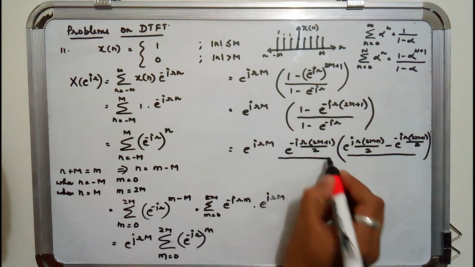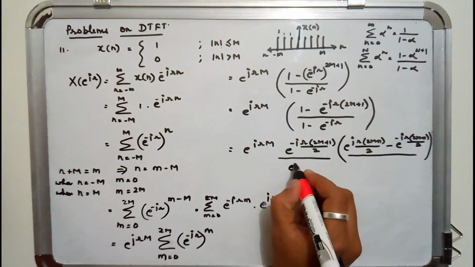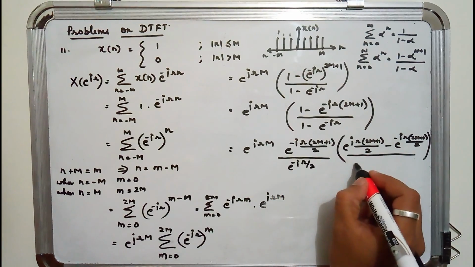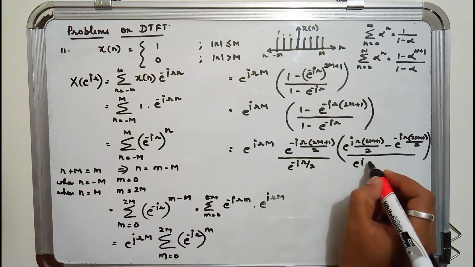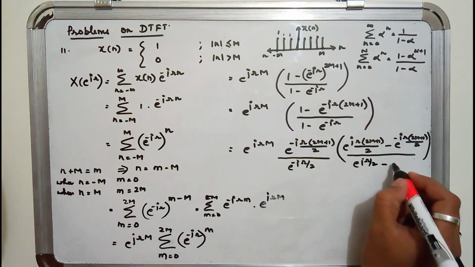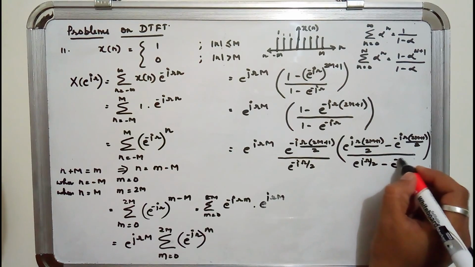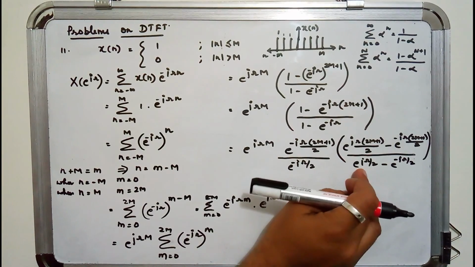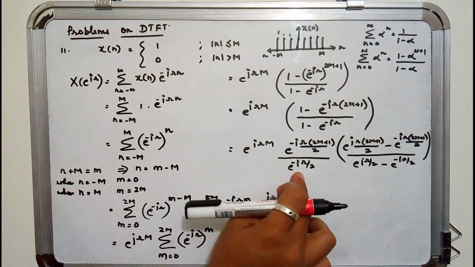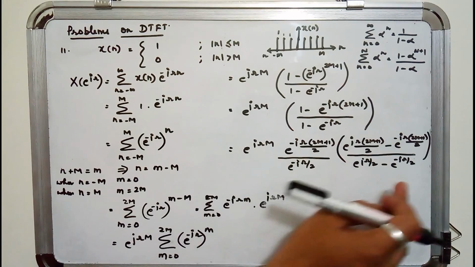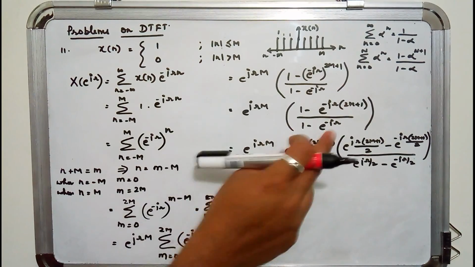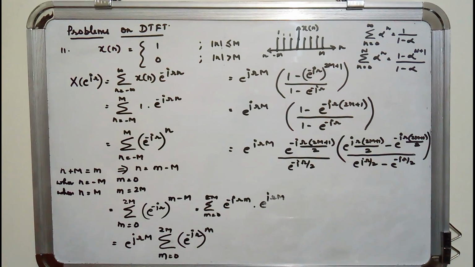Now if I take e power minus j omega by 2 out of the denominator, what I will be getting here is e power j omega by 2 minus e power minus j omega by 2. Because e power j omega by 2 into e power minus j omega by 2 is 1, and e power minus j omega by 2 into e power minus j omega by 2 is e power minus 2j omega by 2, it is e power minus j omega.